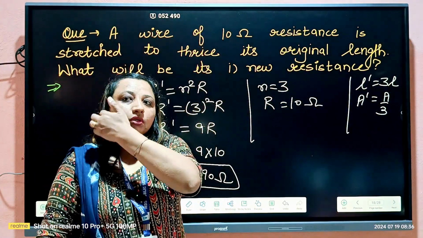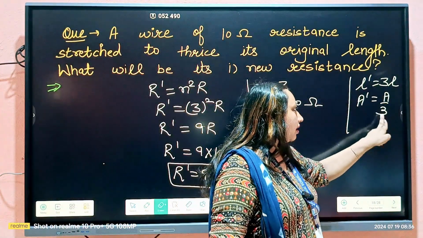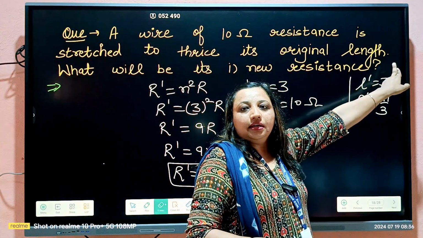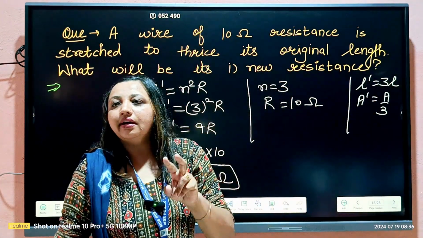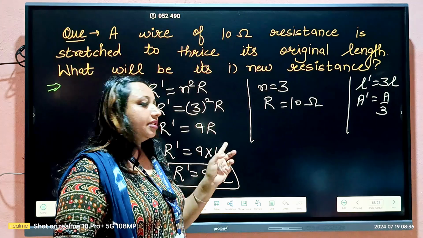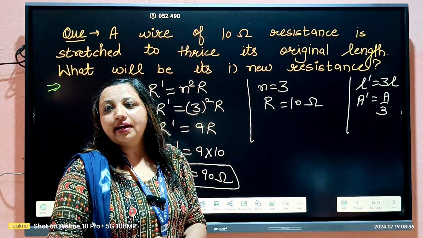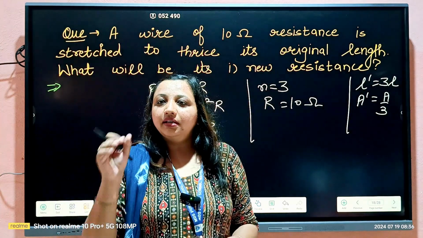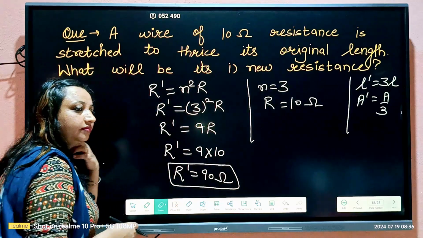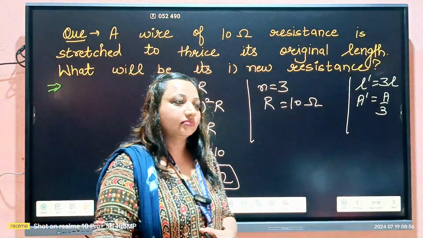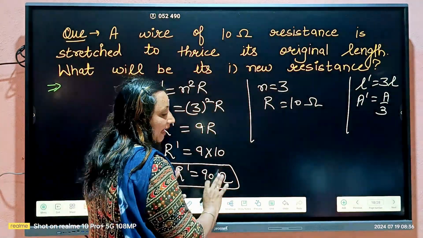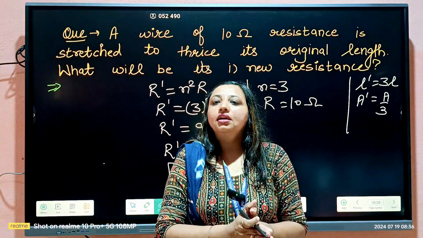Right now? So put the values. This 1/3 also multiplies with the length. So 3 into 3, 9 times. And the original one is 10. It's being 90 ohm. Done now? Any doubt? So the final or the new resistance will be 90 ohm.